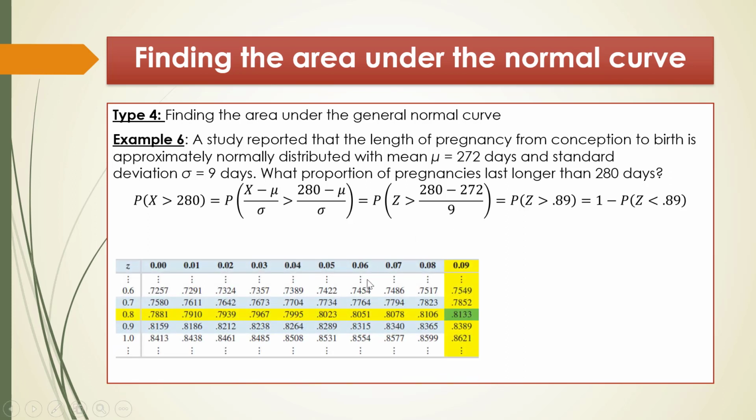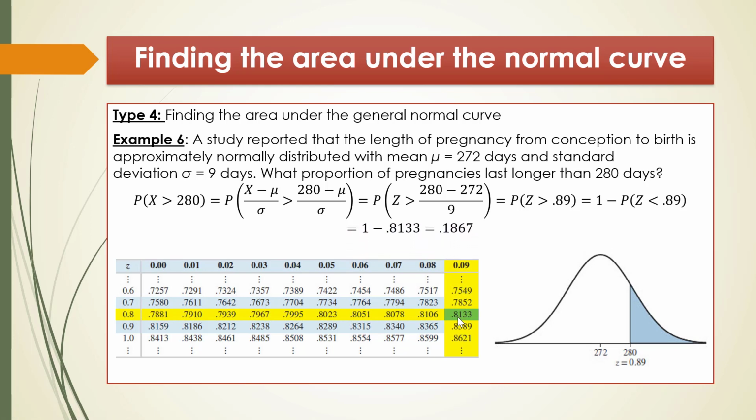Let's look up the z-score on the table. 0.89 is the intersection between the row 0.8 and the column 0.09. So the area to the left of 0.89 is 0.8133, and using the complement rule, the area to the right of that z-score is 1 minus 0.8133, which is 0.1867.